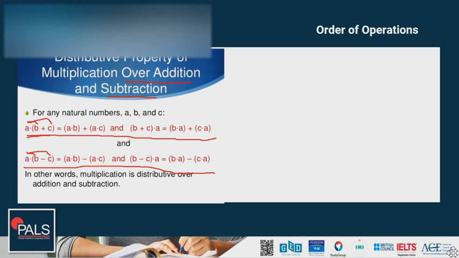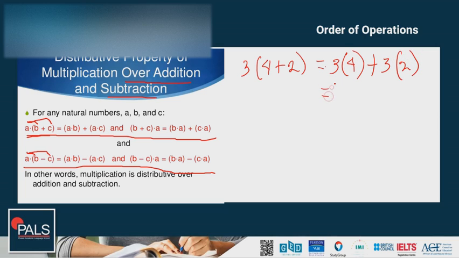Let me write it. 3 times 4 plus 2 is equal to 3 times 4 plus 3 times 2, which is equal to 3 times 4 is 12 plus 3 times 2 is 6, and the answer is 18.